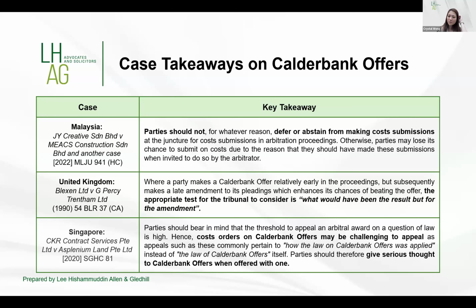Of course, when we read this case, we're asking, are you saying that no amendment is supposed to be made, or that there should be a time where the pleadings are closed, and whether the amendments can be made has a bearing on whether there's a Calderbank offer? I think that is the situation here, because the claimant is saying that if they had known of this amendment at the time, they would have accepted the offer.